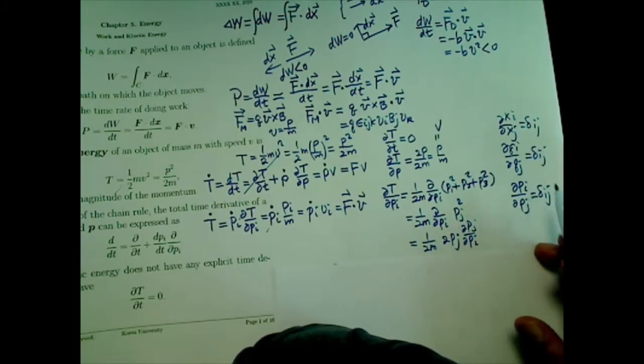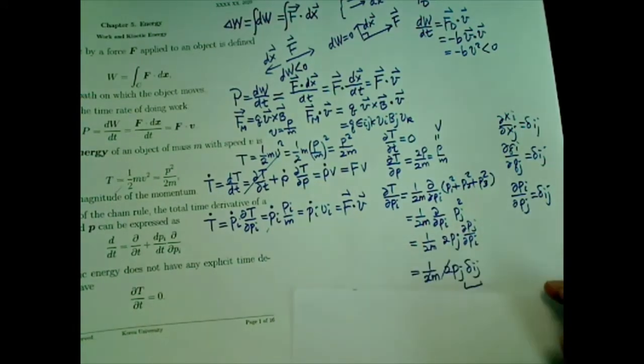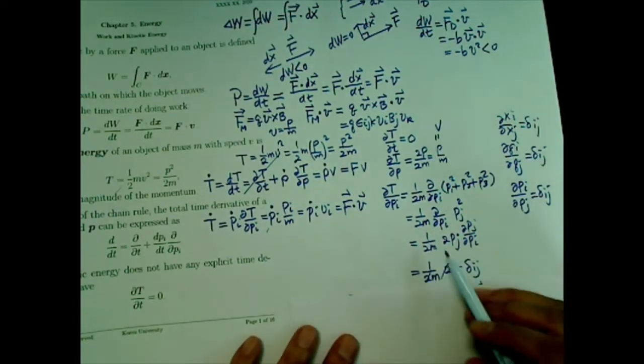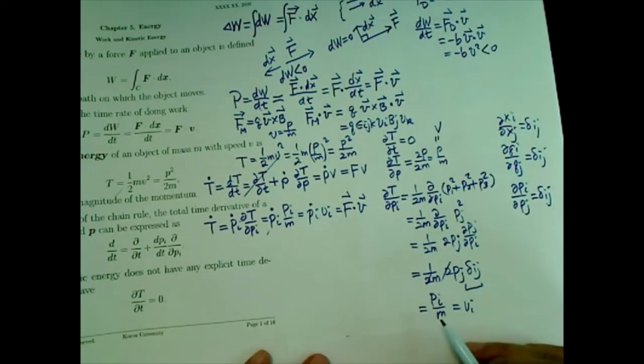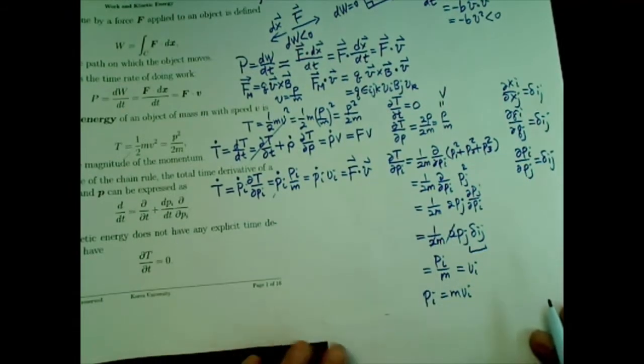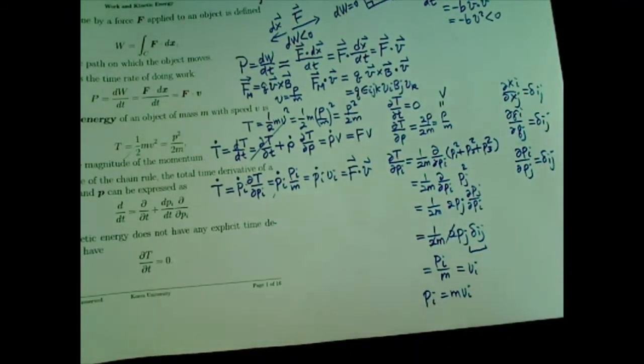Therefore, this is, again, the Kronecker delta, delta ij. So we have the factor 1 over 2m and 2pj, and then delta ij. Delta ij kills j and replaces this j with i. Therefore, it is pi over m, and the final result should be the ith component of velocity. All right.